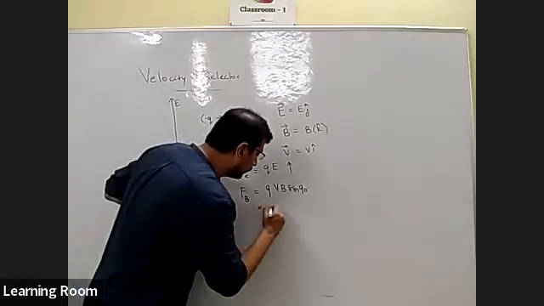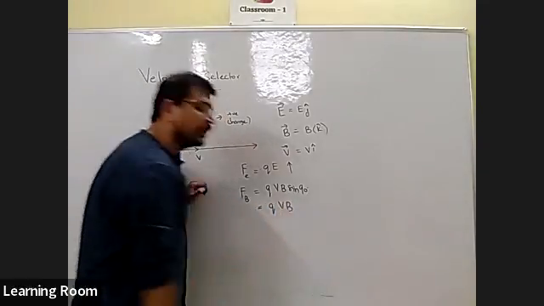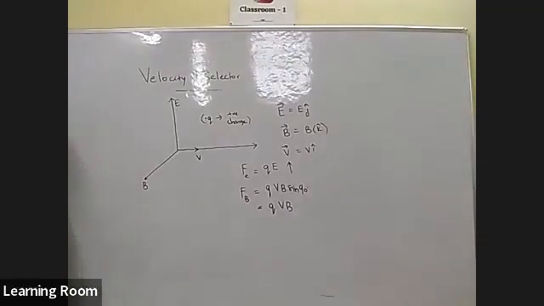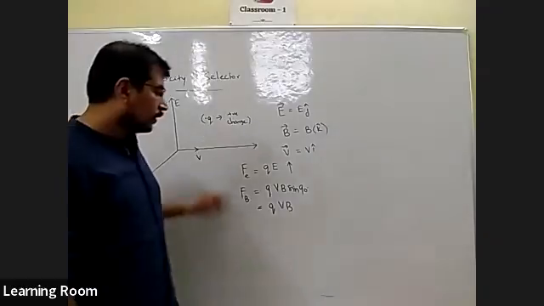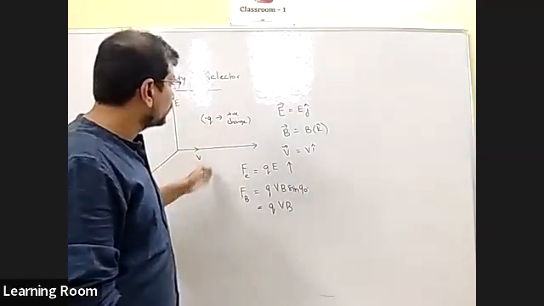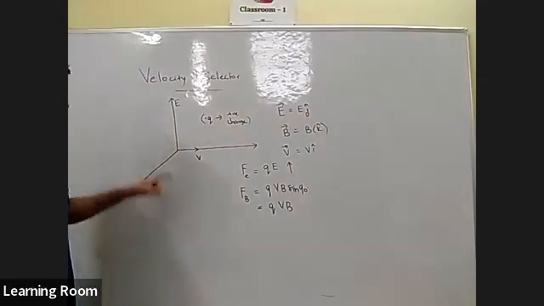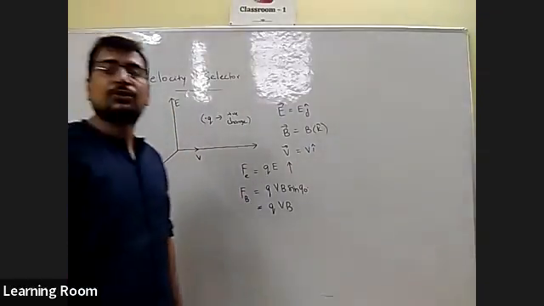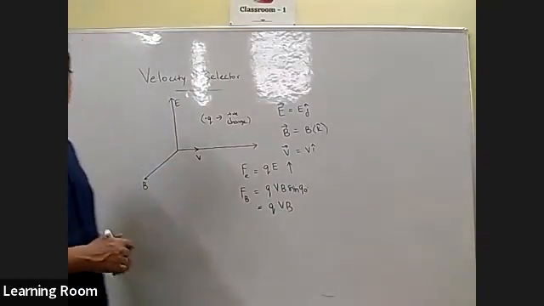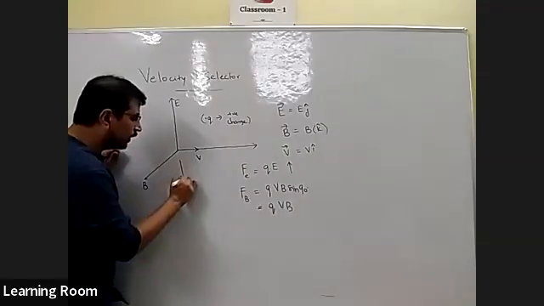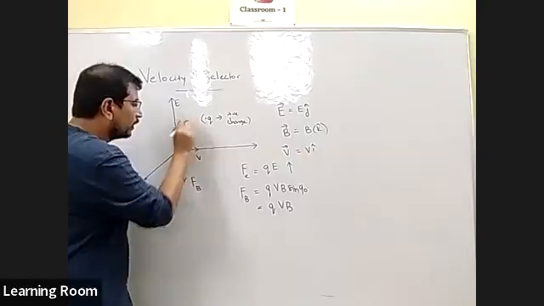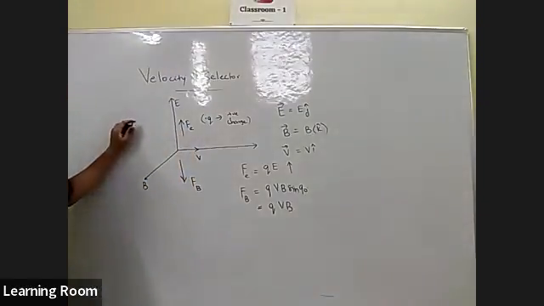So this is going to be Q into V into B. Right? Now, when the electrostatic force experienced by the charged particle is in the upward direction, what would be the direction of the magnetic force? In this scenario, it is going to be in the downward direction. So this is the direction of the magnetic force, and this is the direction of the electrostatic force.